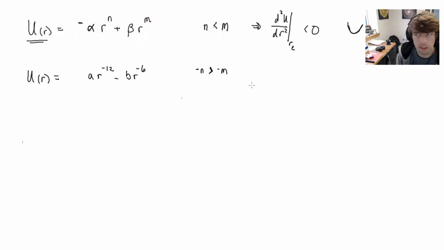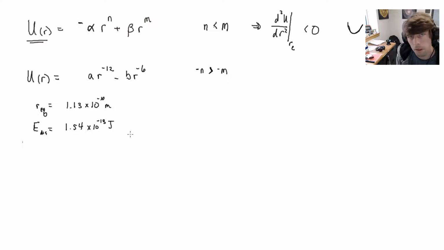Now for the specific problem I have, I'm given that the equilibrium distance, r_eq, is equal to 1.13 times 10 to the negative 10th meters. And I'm given that the dissociation energy, E_dis, is 1.54 times 10 to the negative 18th joules.